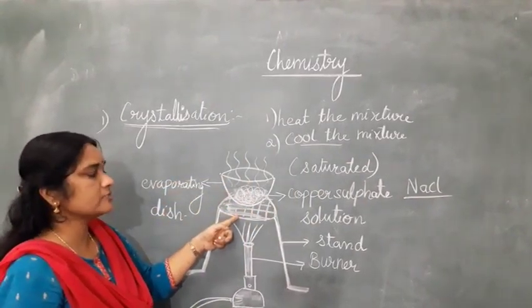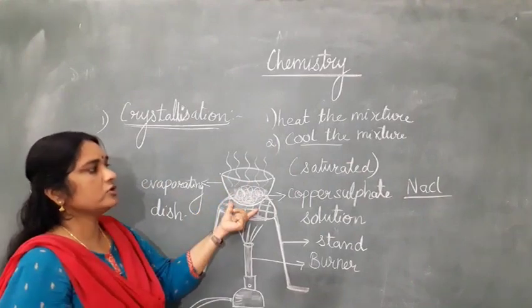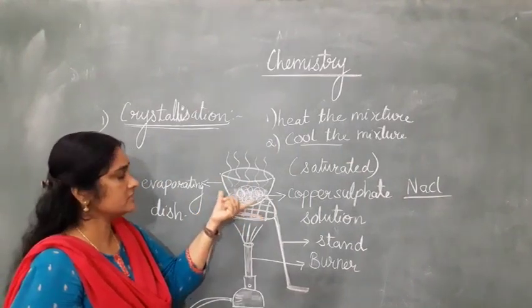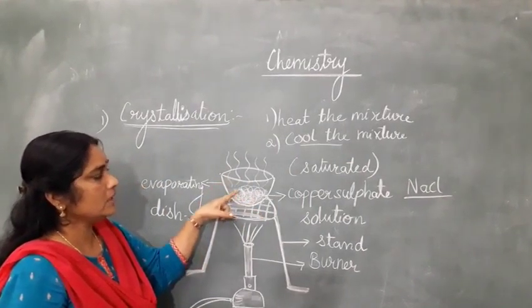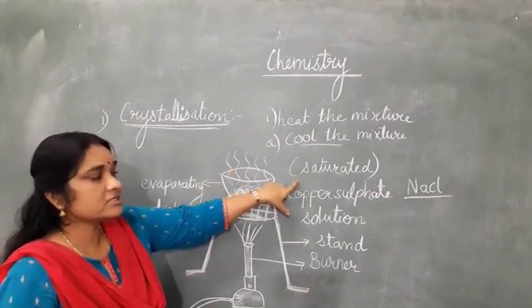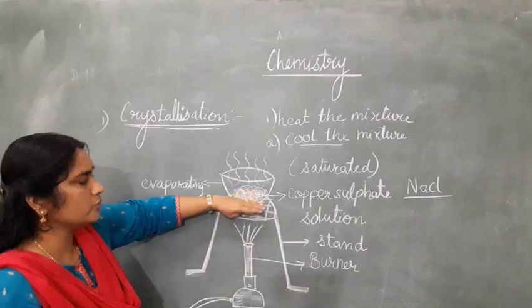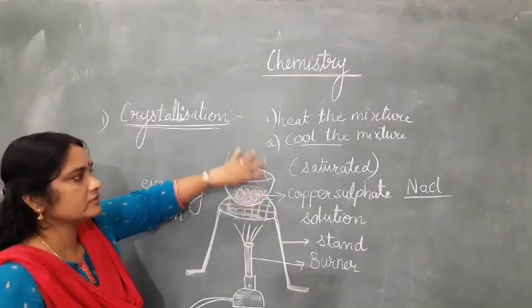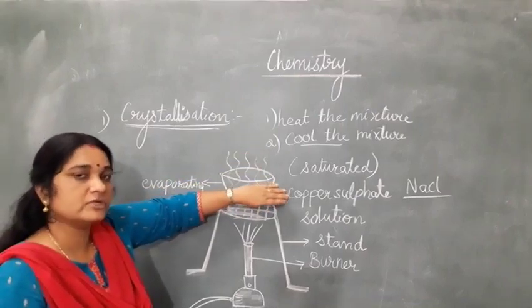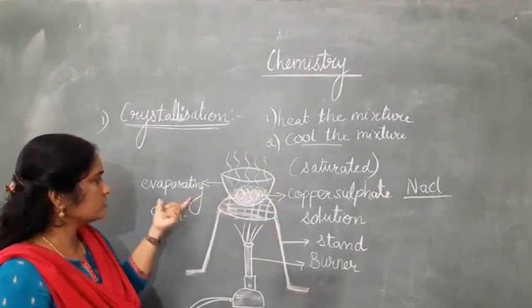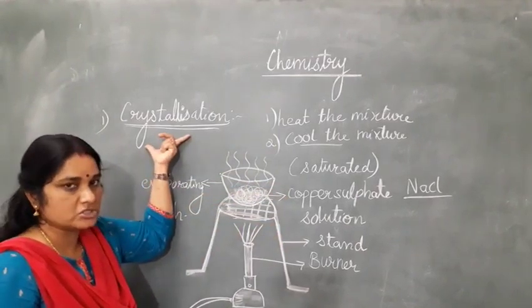So the main principle is that the pure salt is obtained from the impure mixture from its saturated solution, by heating it slowly and then allowing it to cool. Nice crystals of the salt, copper sulfate or sodium chloride, can be obtained. This method is known as crystallization.